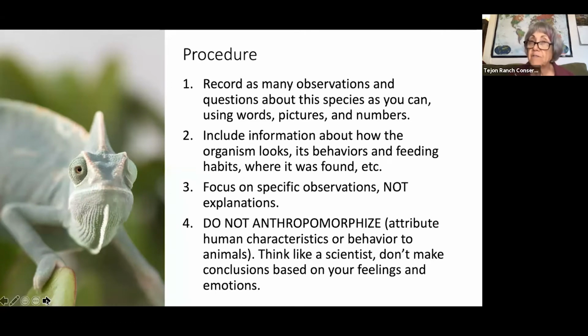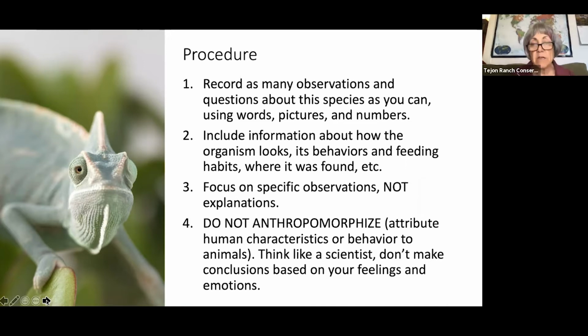Focus on specific observations, not on explanations. If you are asking why something might be behaving a certain way, you can hypothesize and say, could it be? But while you're doing observations, you just want to talk about those observations and not explain them.